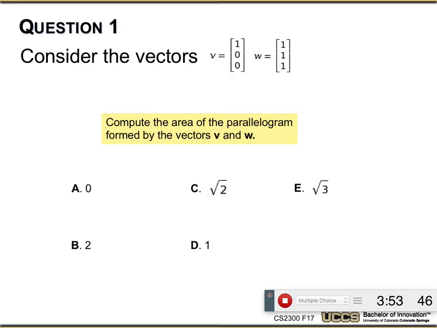If people are struggling, I did a little bit of drawing here. My art's not that good, but in 3D we have the point (1,0,0), which is on the x-axis. And then we have the point (1,1,1), which is outside, with value 1 for all. Those are two vectors. And when I connect those vectors, they form locally a plane, and in that plane is a parallelogram that I'm asking about its area. Okay, we've gotten rid of a couple of the obviously wrong answers.